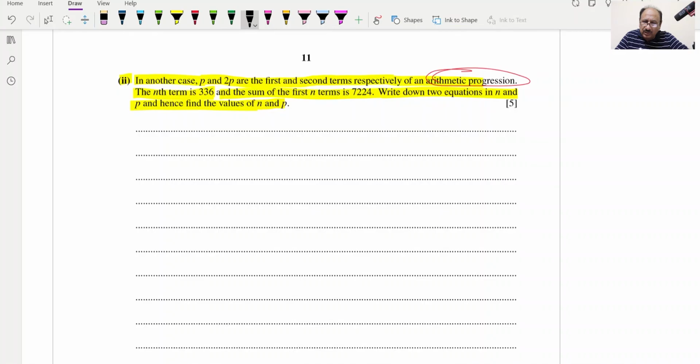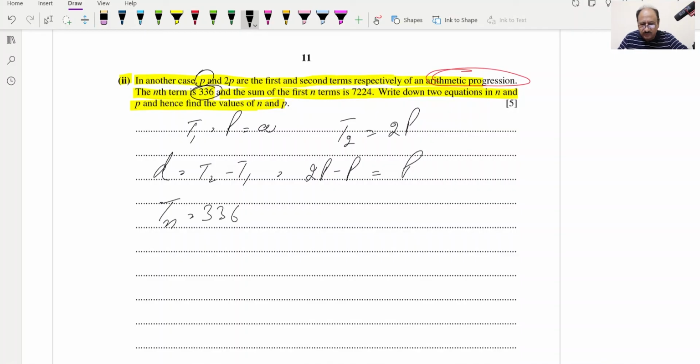So we are given that the first term is p, so t1 is equal to p, which is a, and t2 is equal to 2p. This is given. d is, because this is an arithmetic progression, t2 minus t1, and this will be equal to 2p minus p, and this is equal to p. And tn, the nth term, they have provided that the nth term is 336, so we can write 336.